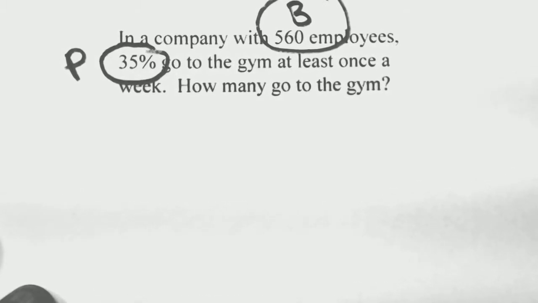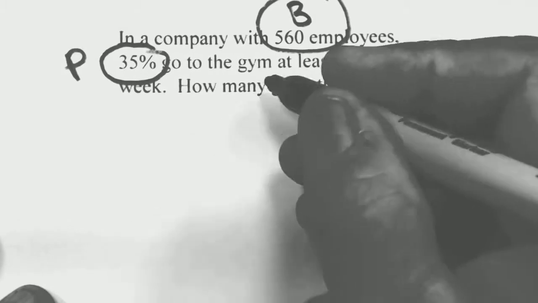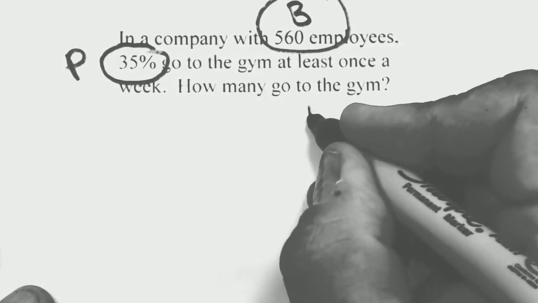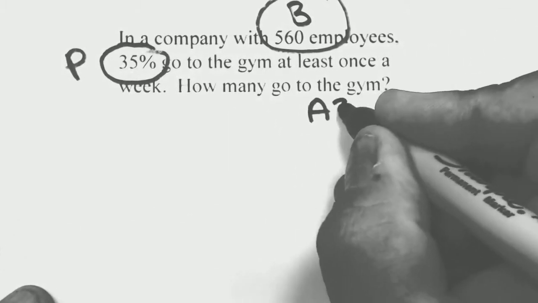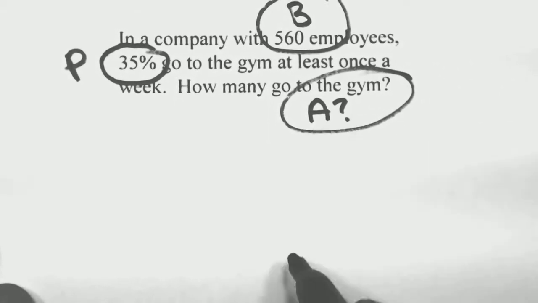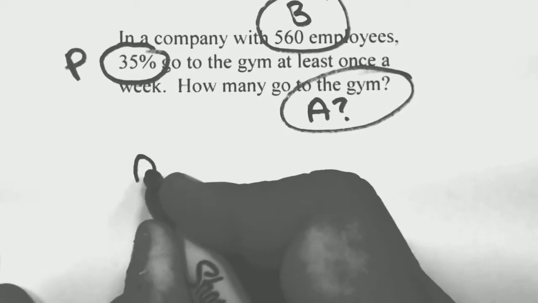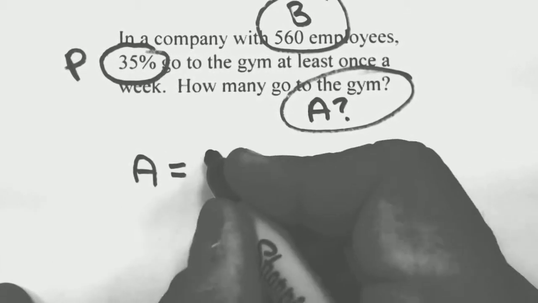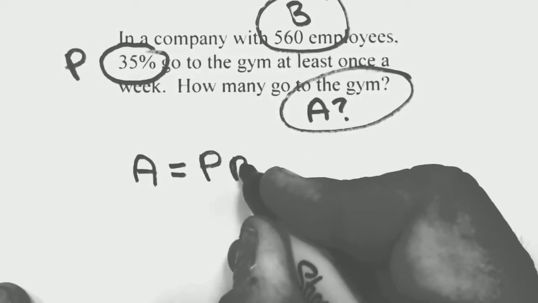We have to know you're working for the company before we know that you can go to the gym for the company. Okay, well, how many are going to the gym? That's the A. That's the amount we're trying to find. And of course, since the A is the thing we're solving for, that is the main formula. I don't think you need the triangle for this one.